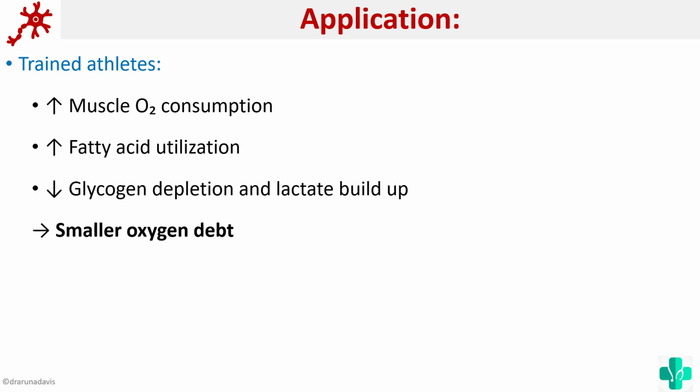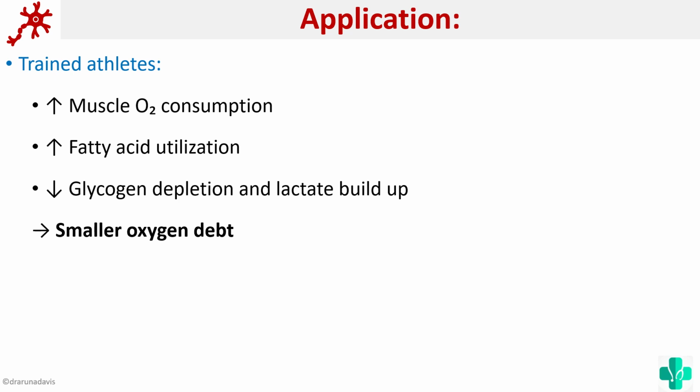So in other words, by training, you can help the muscle get ATP more easily than just by anaerobic glycolysis. And in such individuals, there will be a smaller oxygen debt. So their rate of respiration after exercise would naturally be less.